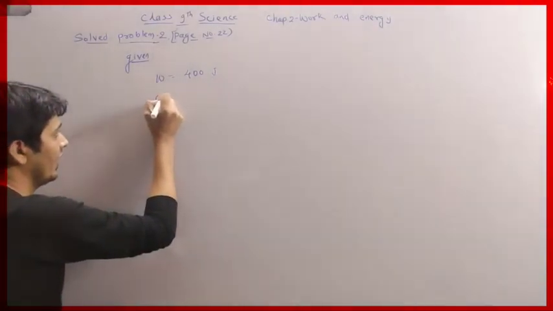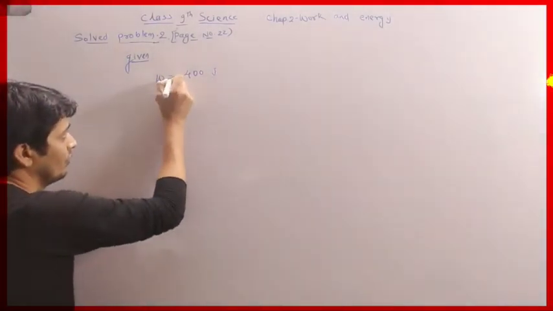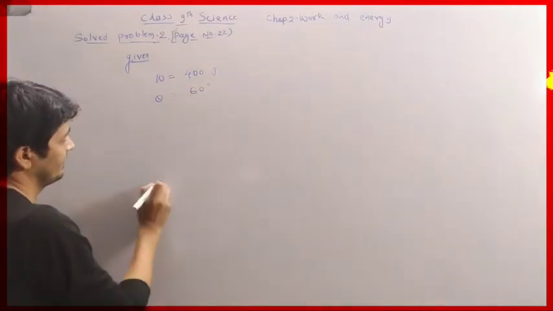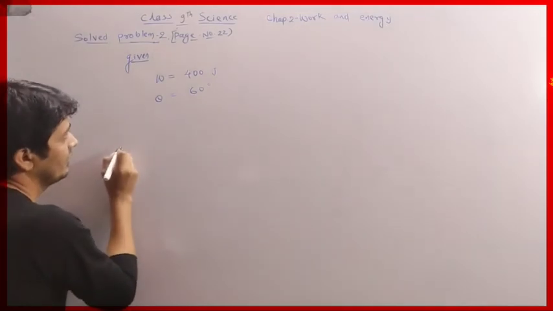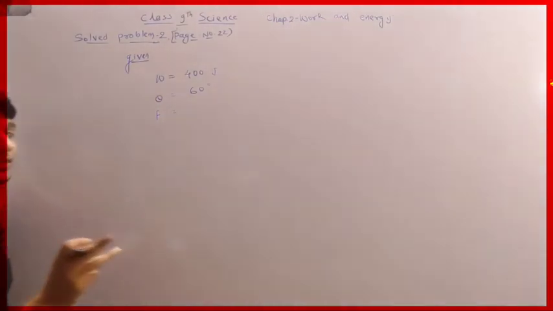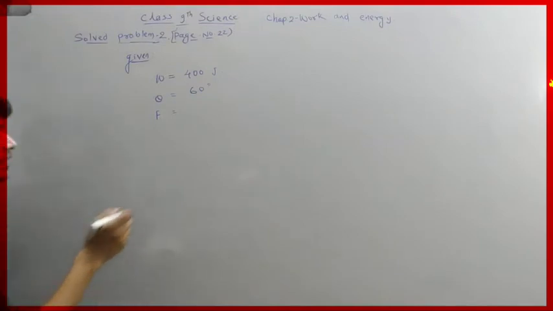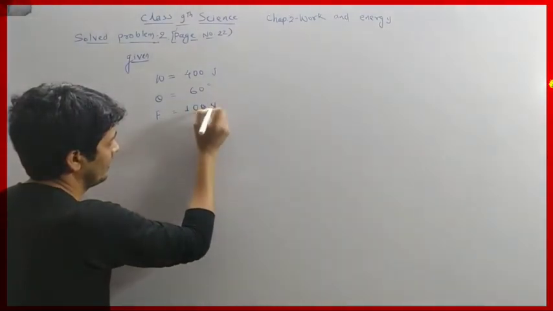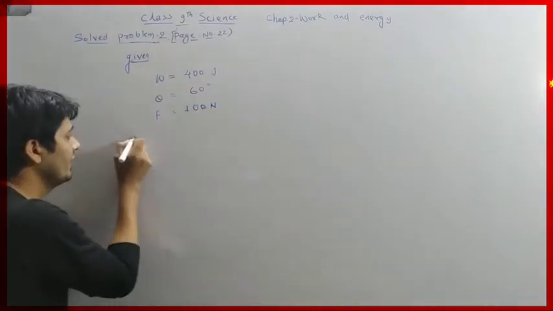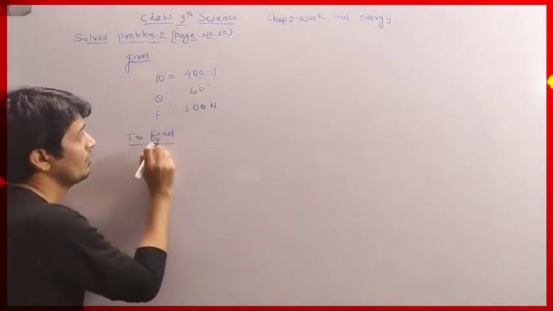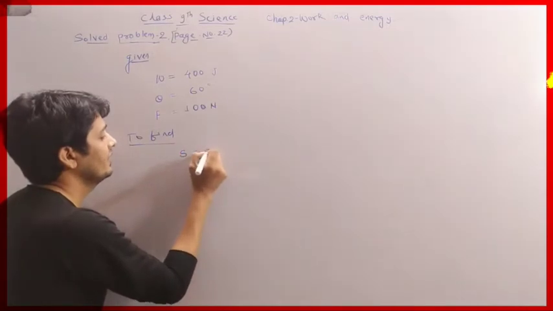Then the angle is given, which is 60 degrees. Then force is also given, in Newton, 100 Newton. So F equals 100 Newton. Now we have to write to find. What we have to find? The displacement, that is S.